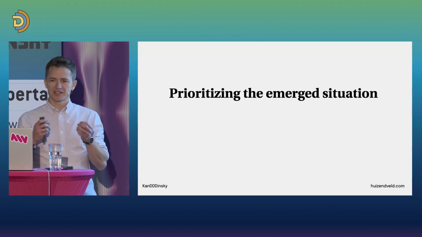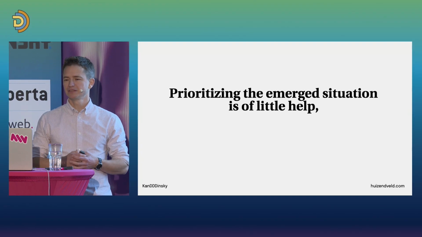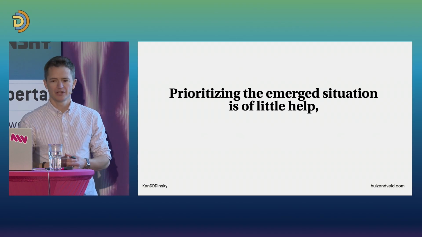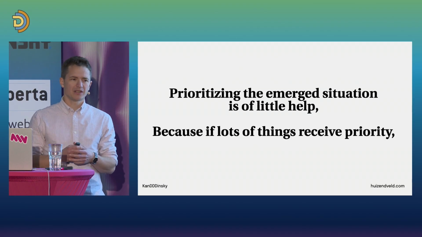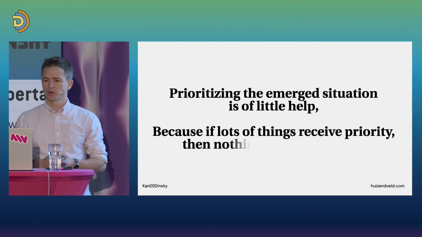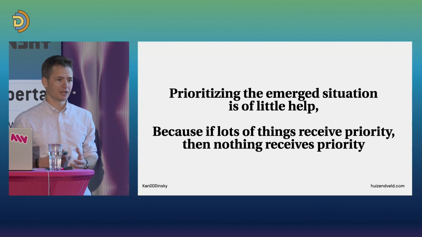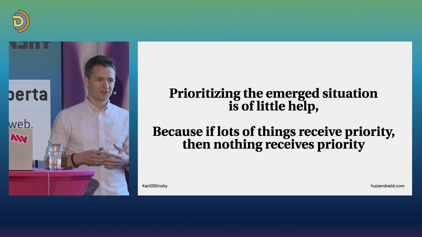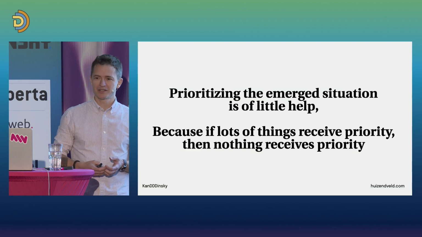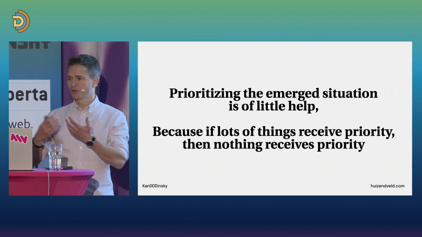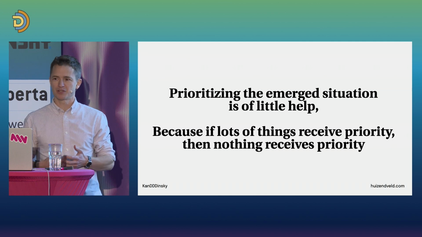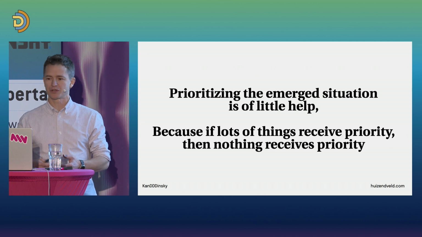Now, prioritizing that emerged situation is of little help, because if lots of things receive priority, then actually nothing receives priority, right? You might think, oh, I'll just prioritize it, but what will happen is that there'll be multiple initiatives trying to deal with the same situation, and they'll be competing for resources.